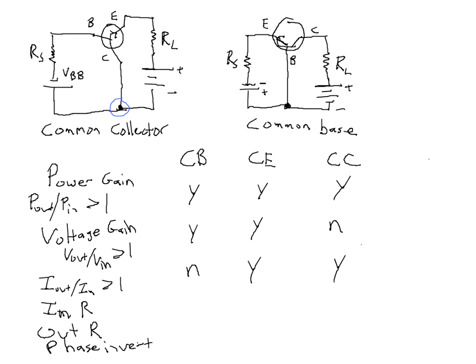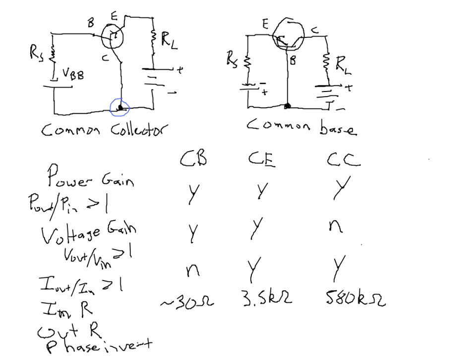Okay, for the common base, input impedance is about 30 ohms. For the common emitter, it's about 3.5 kilo ohms. And for the common collector, it's 580 kilo ohms.